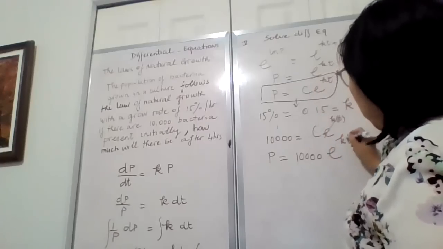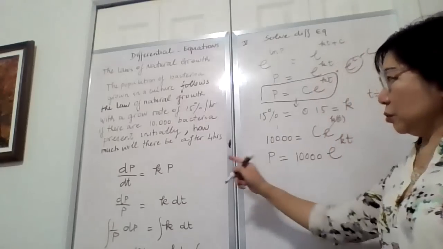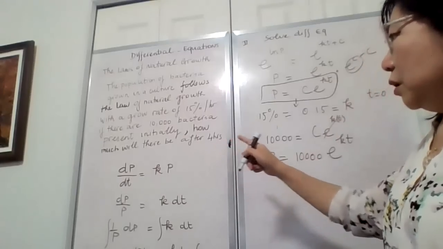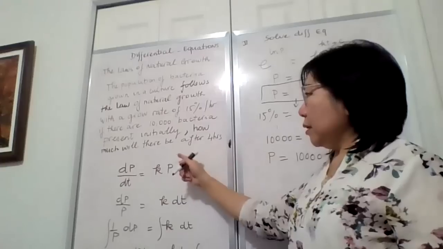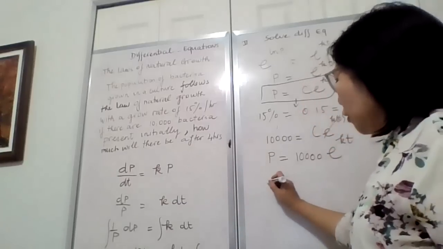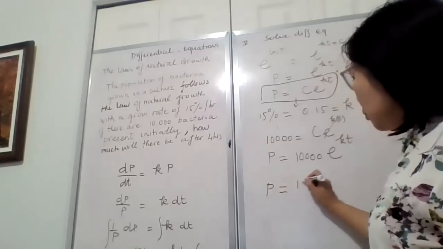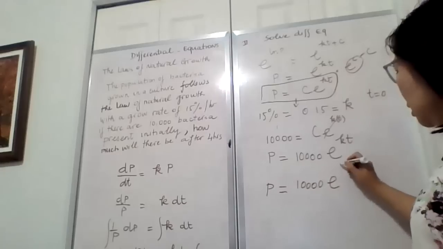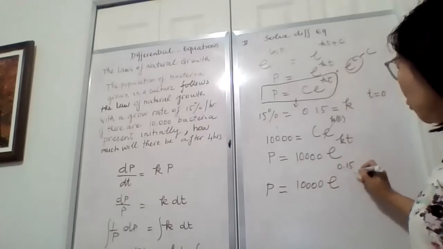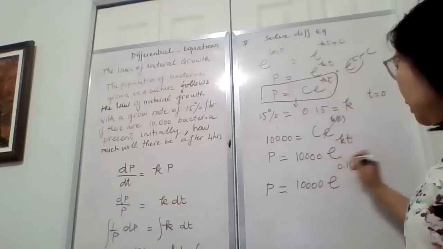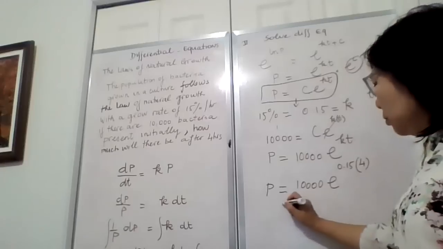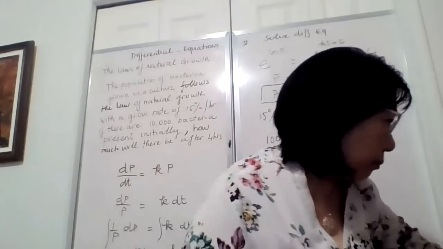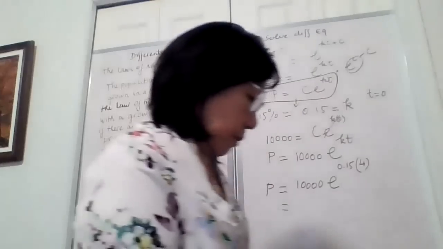So our formula in this specific case will be 10,000 e to the kt. Now if we want to solve for how many bacteria there will be after 4 hours, we just follow this equation. P equals 10,000 at start, e is just e, k is 0.15, and t is 4 hours. If we use our calculator, let's figure out how much it will be.